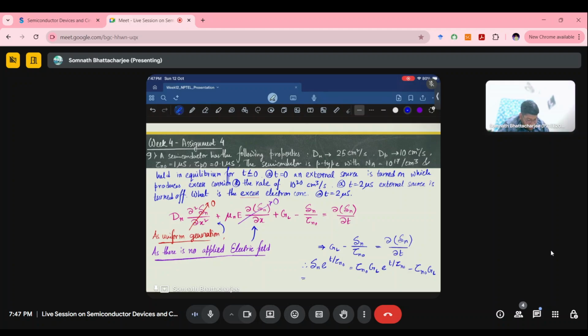Now, what we can write it as is del n is tau n naught GL times (1 minus e to the power of minus t by tau n naught).